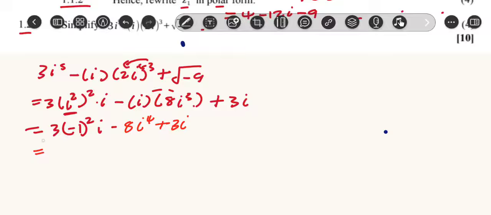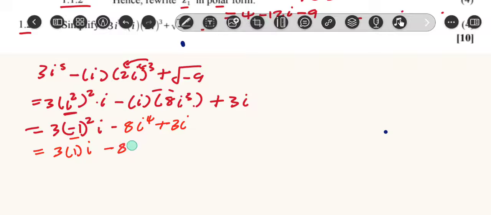This is the same as 1 multiplied by i, so we have minus 8i to the power of 4.